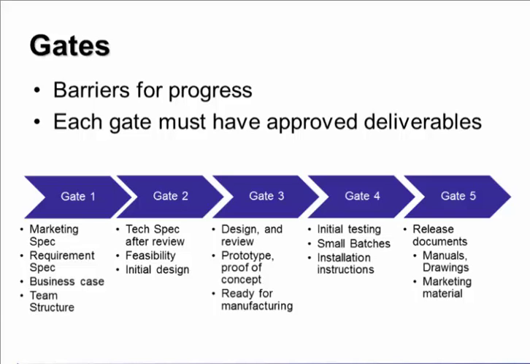Okay, so for gate 1, it's a requirement phase where you have a marketing specification requirement. Gate 2 is generally an engineering phase, or a design phase, or the transition from a requirement into a design, and generally you have costings at that particular point. The third is the engineering phase, where the design review, the proof of concepts, and possibly the task is to be ready for manufacture.